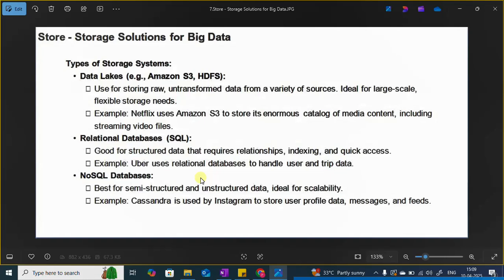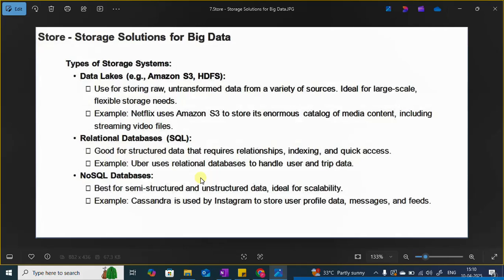Coming to data lake, we are using Amazon S3, HDFS and all, used for storing raw untransformed data from a variety of sources. Ideal for large-scale flexible storage needs. Example, Netflix uses Amazon S3 to store its enormous catalog of media content, including streaming video files.